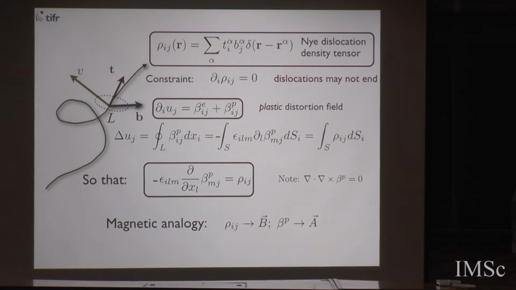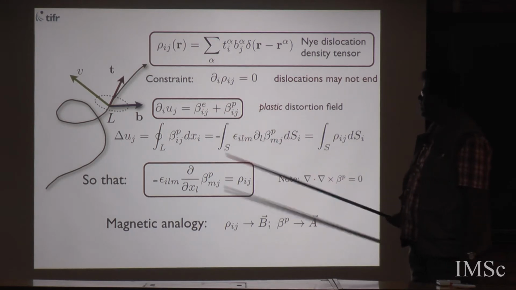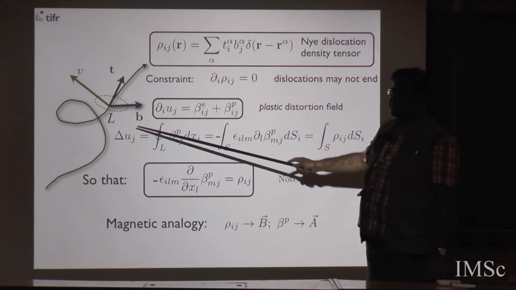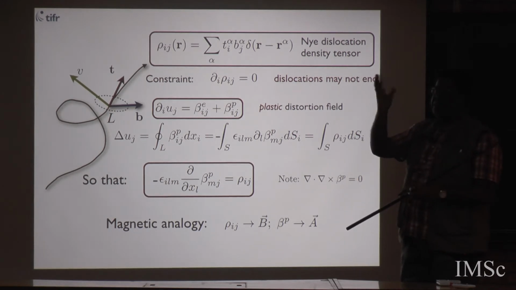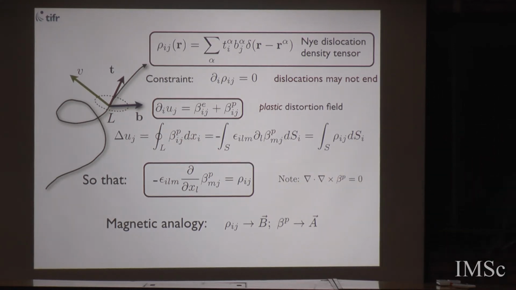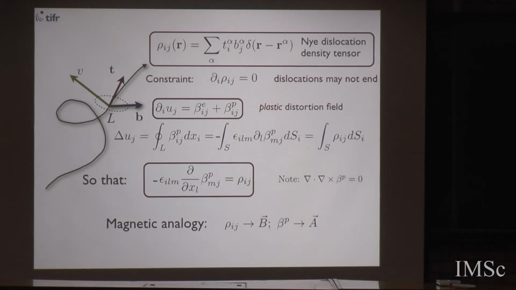Okay. So how do I connect it to the dislocation density? Suppose for the moment that beta ij e is 0, then the difference in the displacement, if you go around some curve which contains some plastic distortion, will be given by a contour integral. Now you can use Stokes' theorem to convert this contour integral into a surface integral. So there will be a curl of this beta, integrated over some surface.